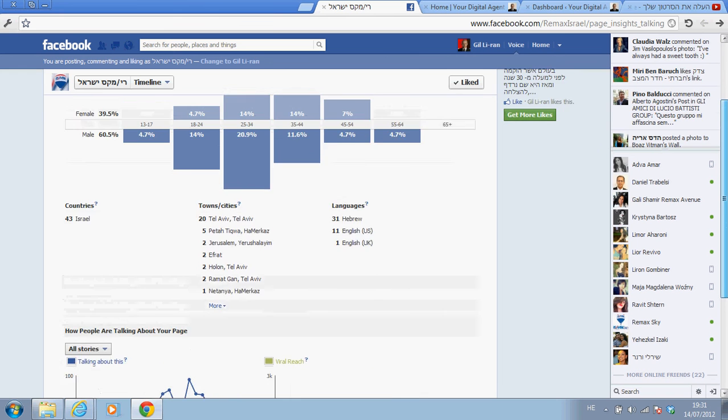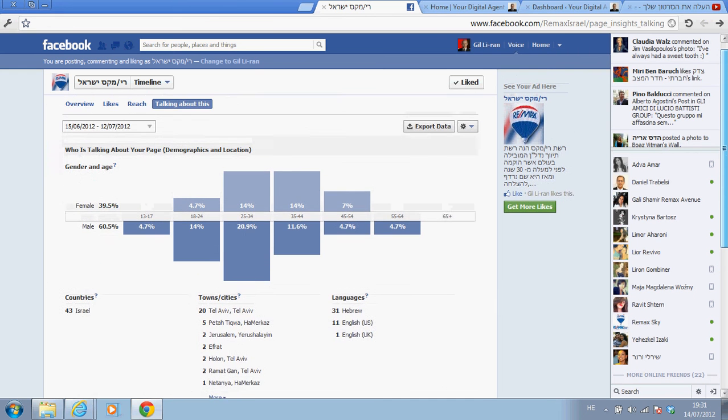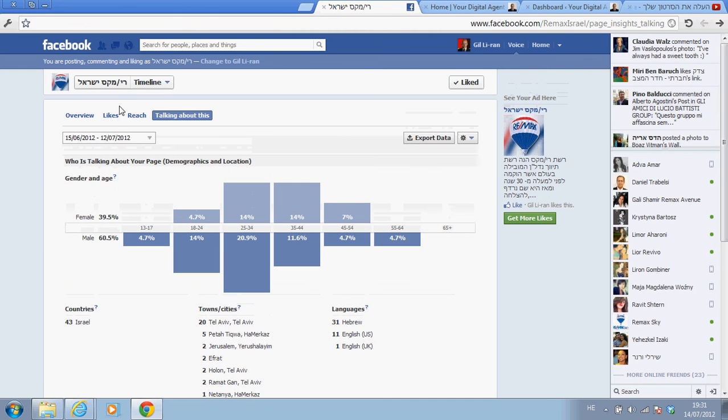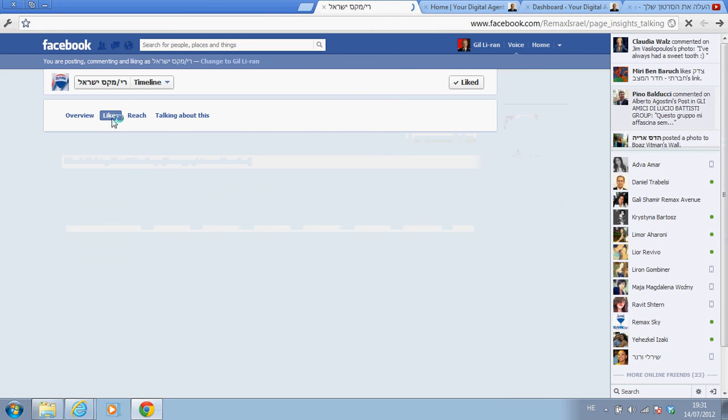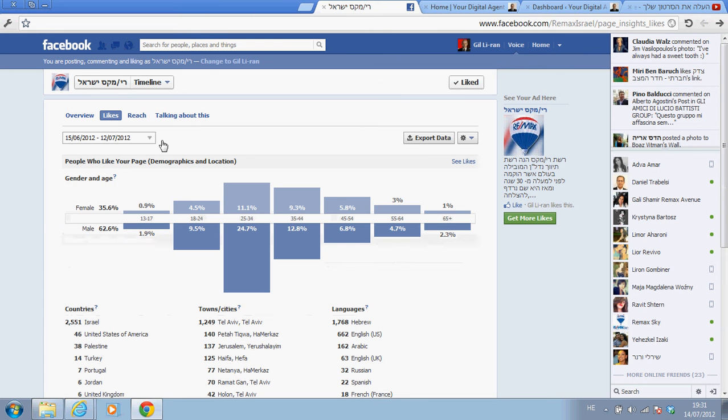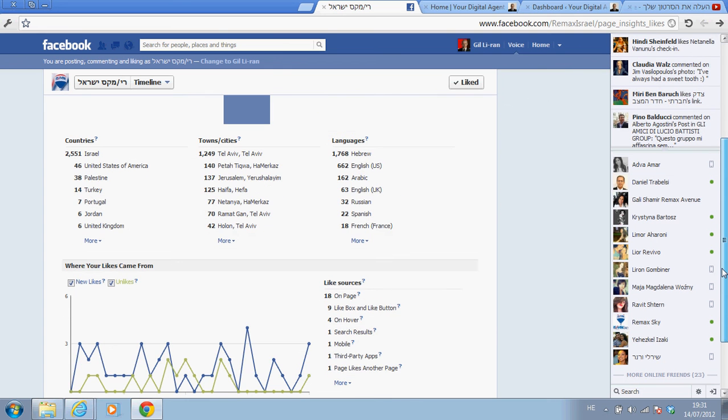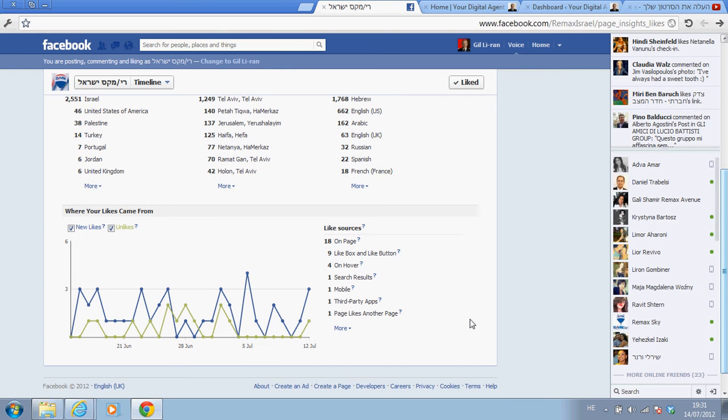So you can try to understand your audience much better. And many people also like to keep a very close eye on the likes. Where are the likes coming from, again, according to gender and age, according to country, and of course, even physically where the like is clicked, if it's on the page itself, if it's in a like box, or all the other options that you can generate likes with.